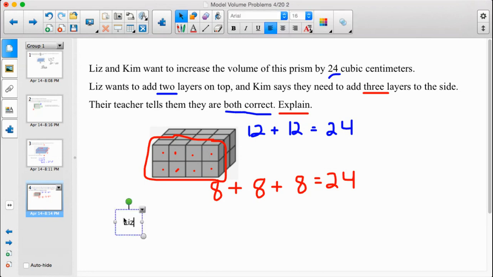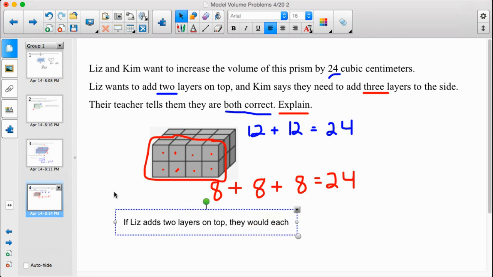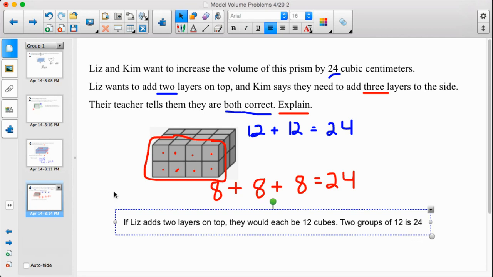So I'm going to start with Liz. If Liz adds 2 layers on top, they would each be 12, what do we call this? Cubes. 2 groups of 12 is 24.